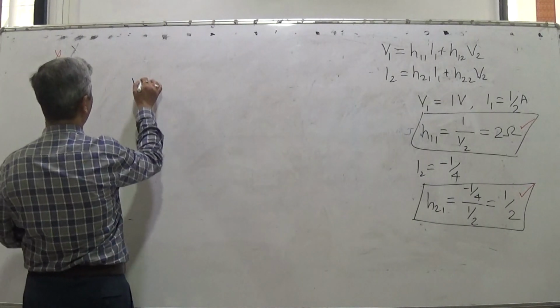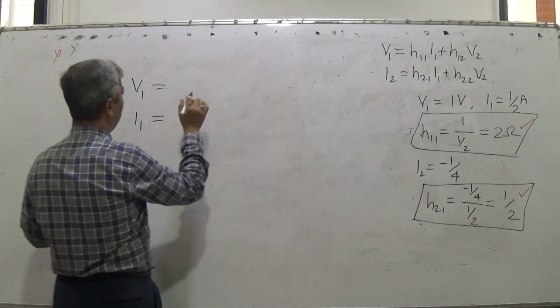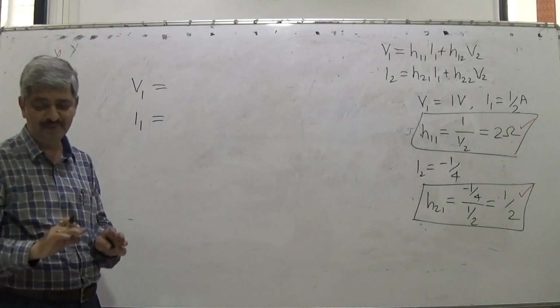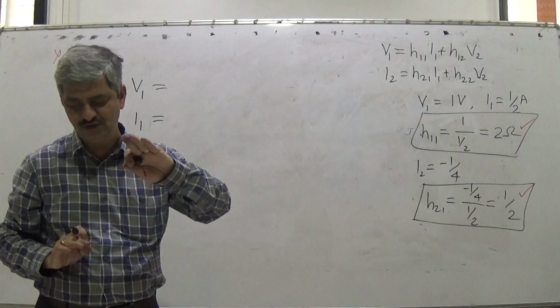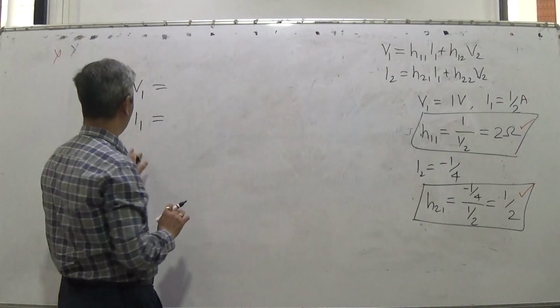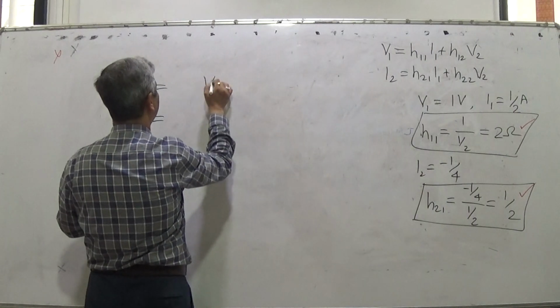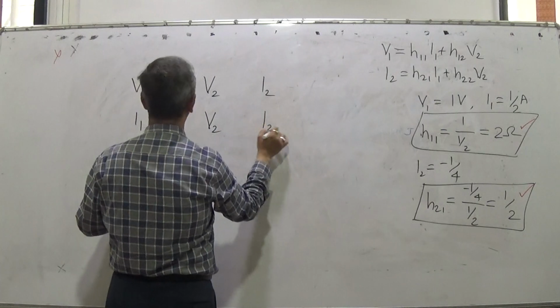So V1 and I1. V1 is equal to something, obviously a combination of the remaining two. Now here 1 is coming on this side, so here V2 will come, I2 will come. Again V2 will come, I2 will come.